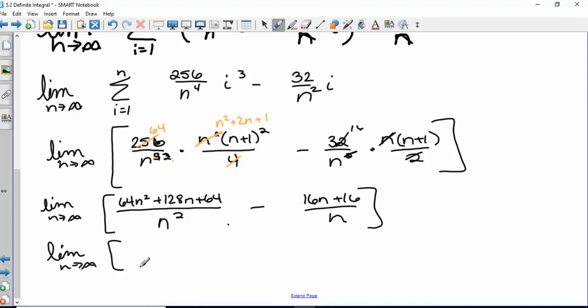Okay, so if I reduce this, we get 64 plus 128 over n plus 64 over n squared minus 16 minus 16 over n.